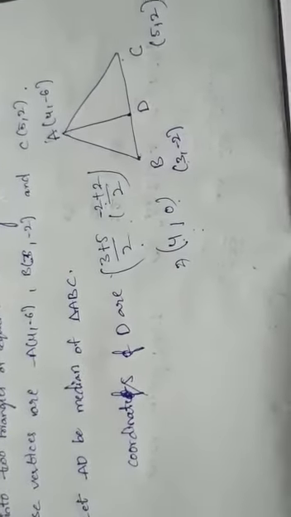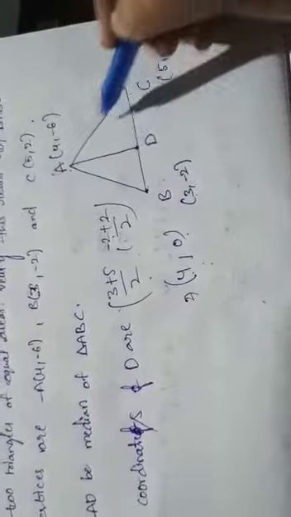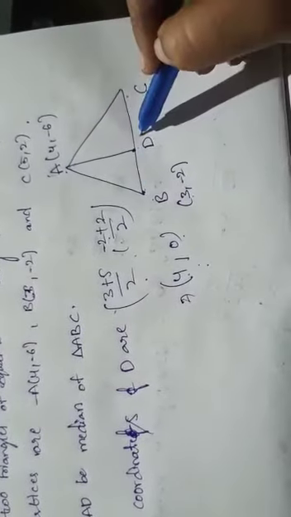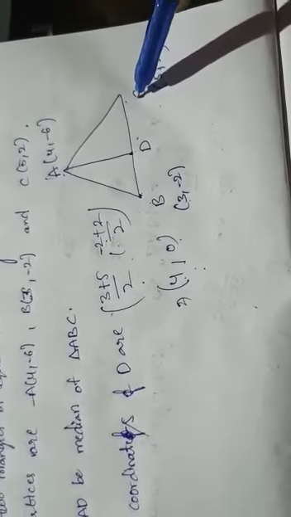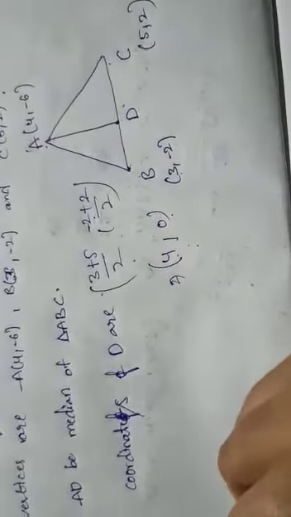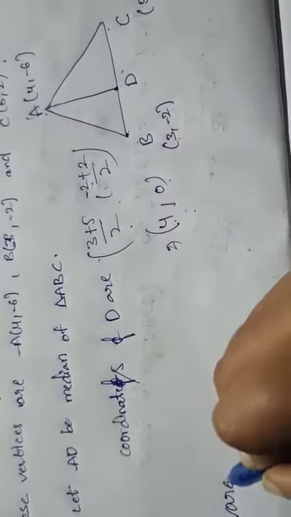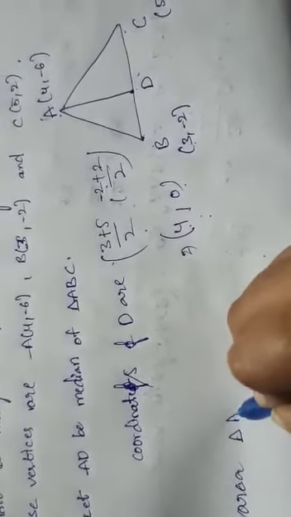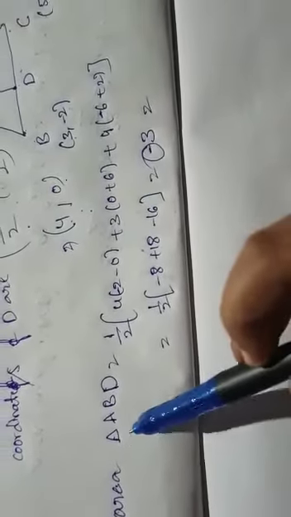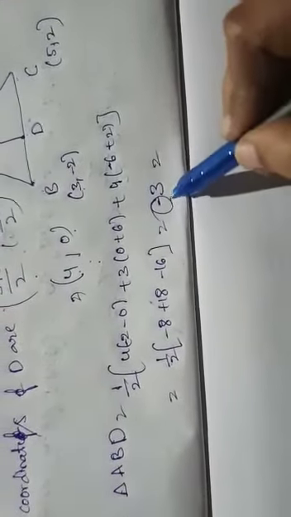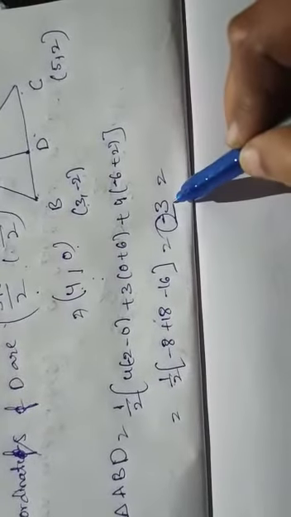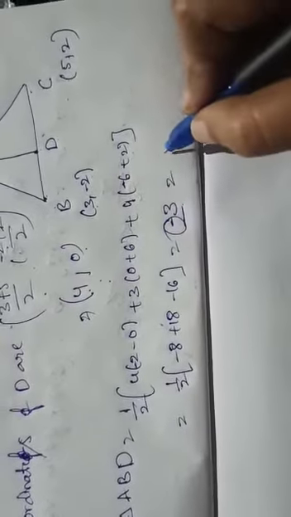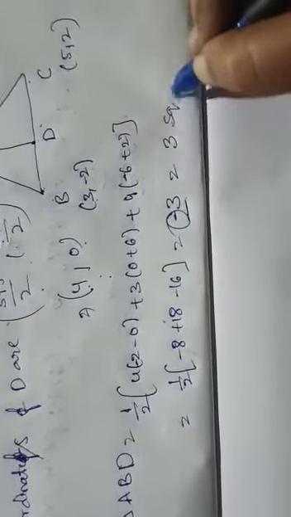Next, here we get two triangles, triangle ABD and triangle ADC. First, find the area of triangle ABD. Here we get minus 3 square units. We know the area of a triangle can never be negative, so take the positive value, 3 square units.